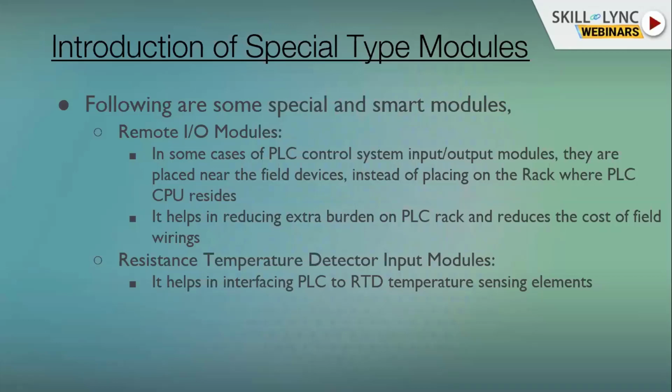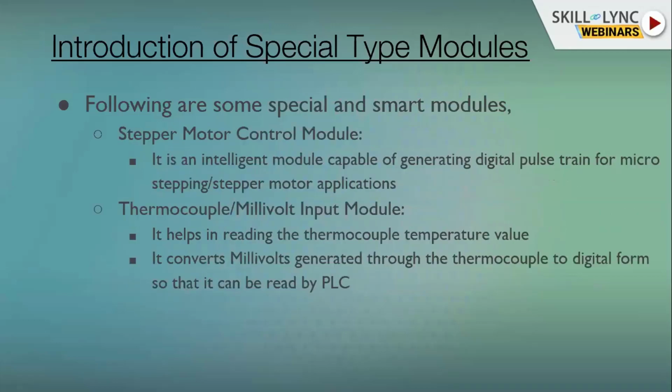We can also read temperature through an RTD, which is used for sensing the temperature inside the machine chamber. We can have the temperature information through special input modules, that is, resistance temperature detector RTD input modules. We can send signals to stepper motors, to be more precise. A PLC module can generate a digital pulse train, which is much faster with less interval.